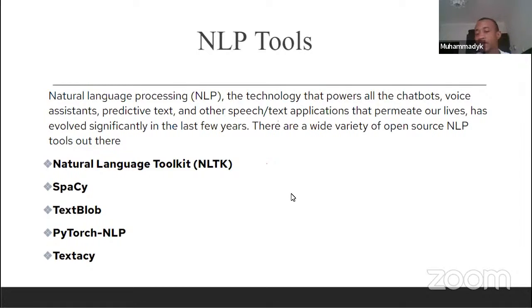We have spaCy, we have TextBlob. spaCy and TextBlob are tools that help us in performing things like sentiment analysis. Yeah, we can use TextBlob to perform sentiment analysis to know whether a particular word is positive, or neutral, or negative. We have PyTorch.